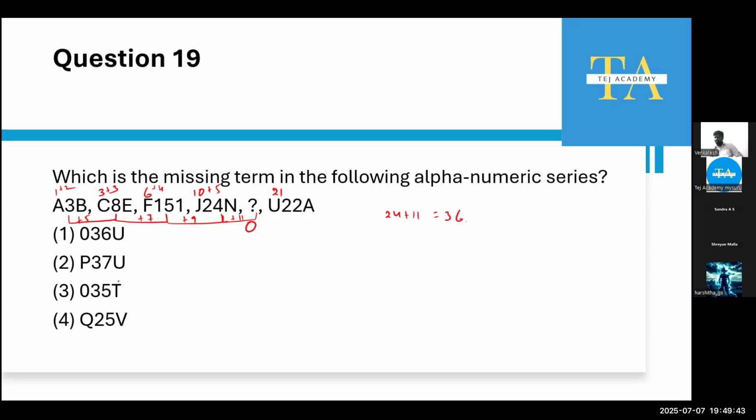Sorry, 24 plus 11 is 35. So 35, and only one option has it. That is option 1, the correct answer. Clear?